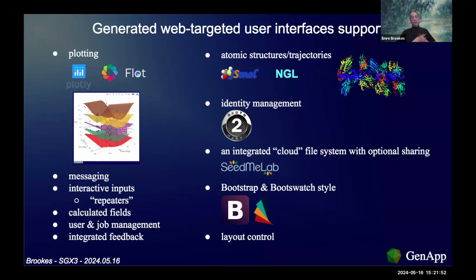We've added user and job management. There's integrated feedback. Some of the other bits, we have support for atomic structures or trajectories using JSMol and also NGL. We've integrated optionally. You use whatever pieces you want of GenApp. It's sort of these JSON files, where you turn bits on and off that affect the generated application.